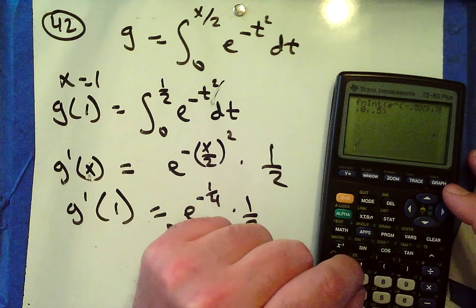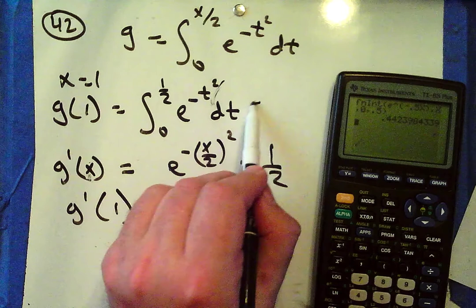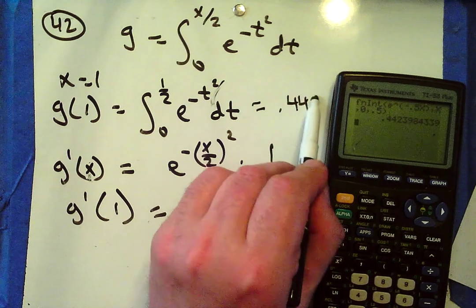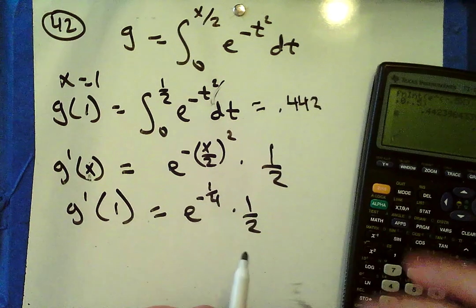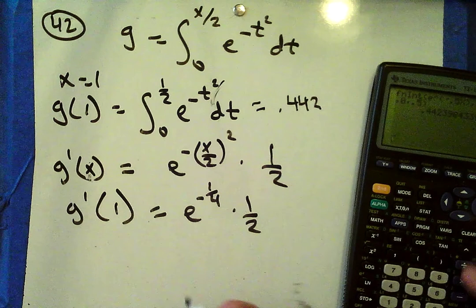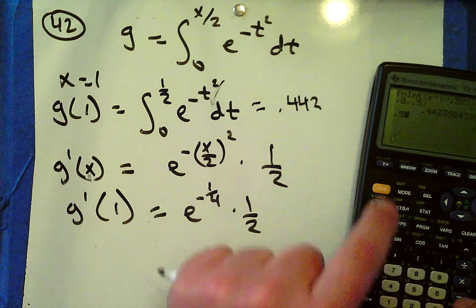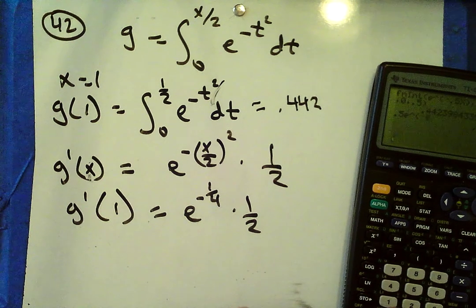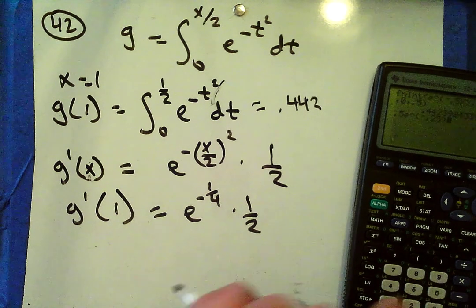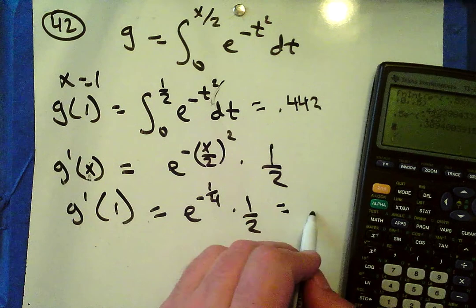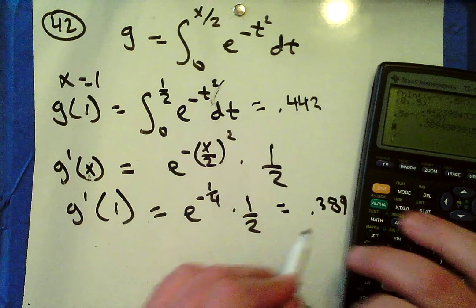Okay, enter. So this is equal to 0.442. And then I need the derivative, which was 0.5 e to the negative 0.25. And that's equal to 0.389.